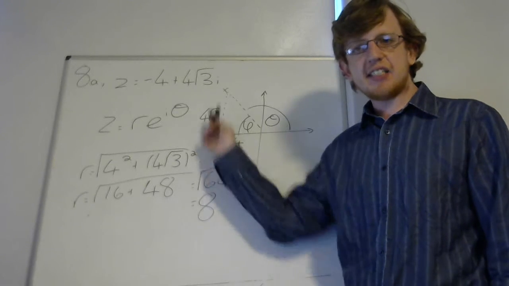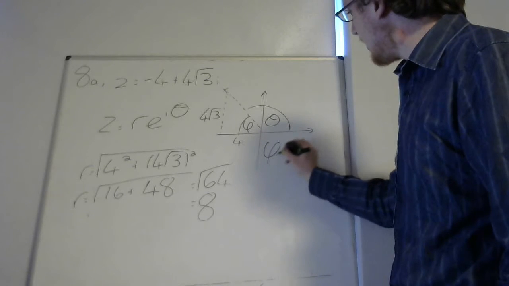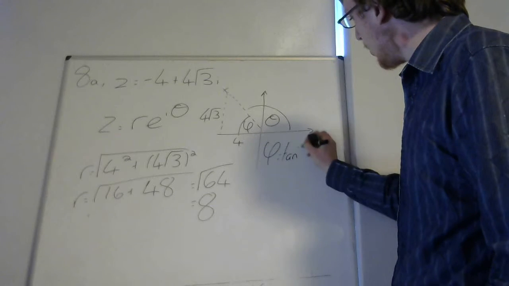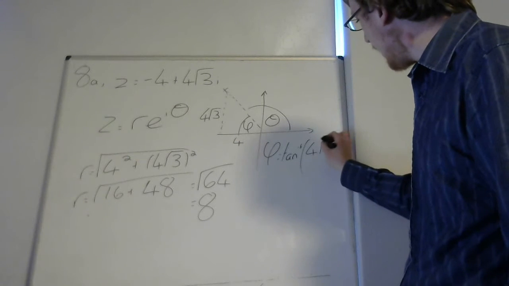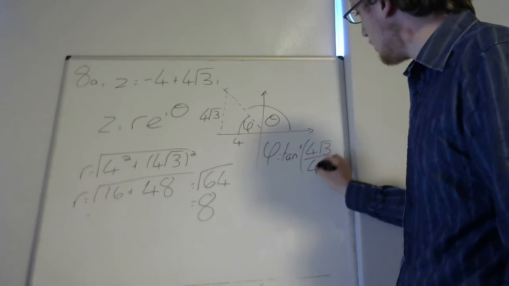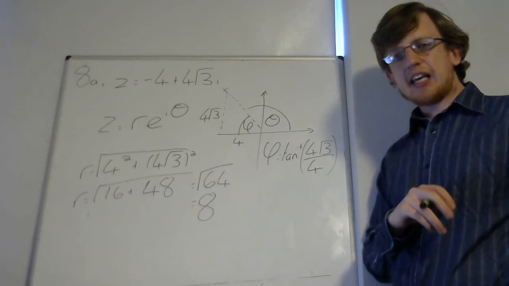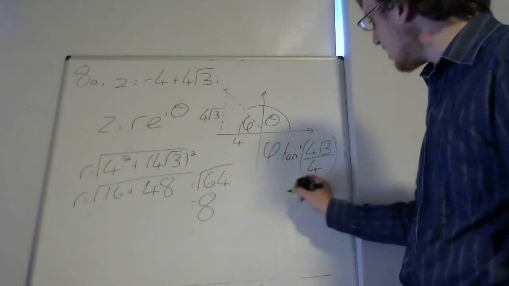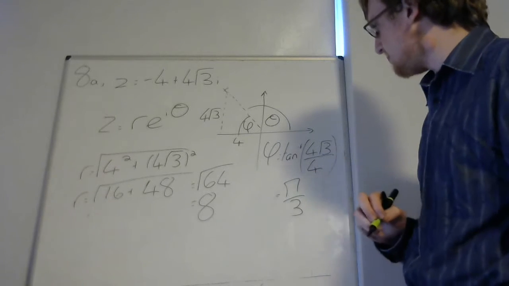How do we work out gamma? Well, we've got the adjacent, we've got the opposite. That means we use tan. So gamma is the inverse tan of the opposite, which is 4 root 3, divided by the adjacent, which is 4. The 4's cancel out to give you the inverse tan of root 3. That is a common angle, so you should remember that that is pi on 3.